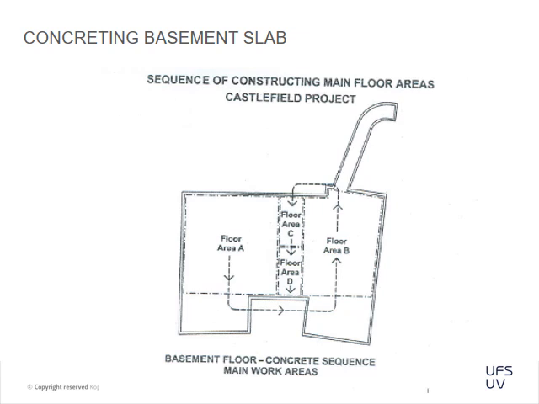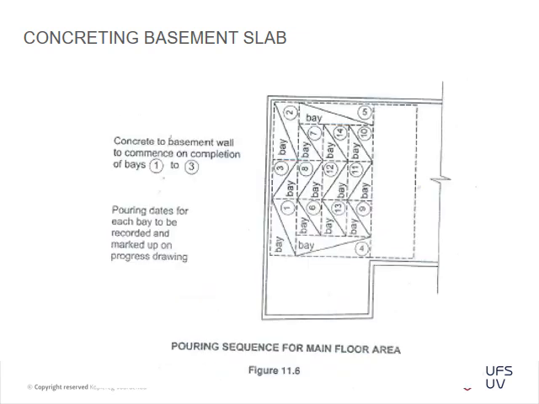So they've progressed up to the ground floor, and then they show how they're actually going to pour their ground floor from the one side going to the other side, and then the permanent access to the basement via this section. So it's fairly straightforward. I like to do it in tabular form with sketches and drawings because it's just more logical, and you can get much more information within the drawing than actually trying to explain it on a piece of paper.